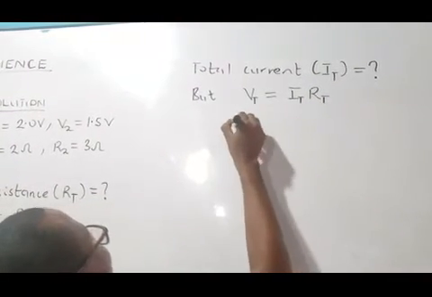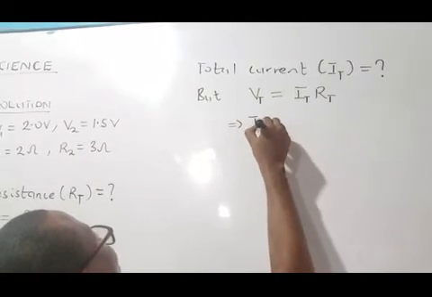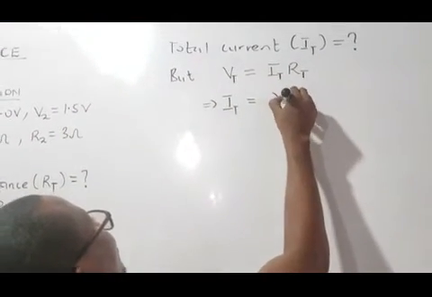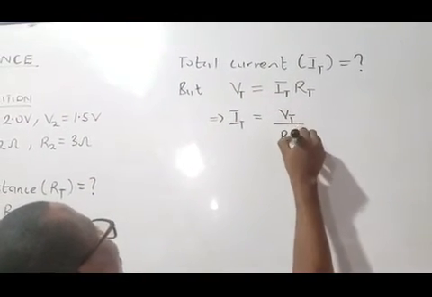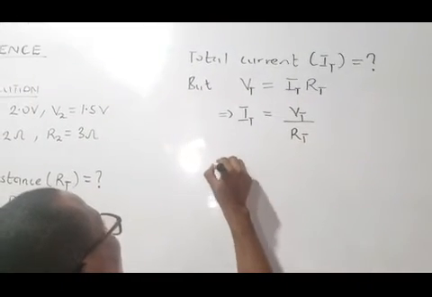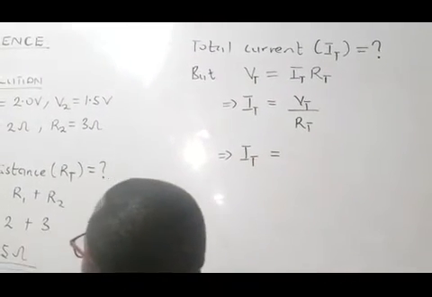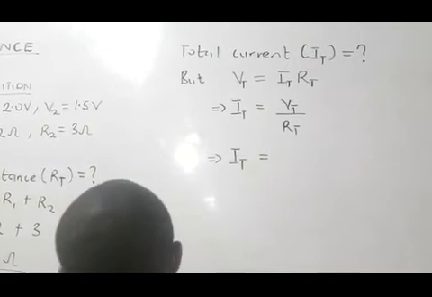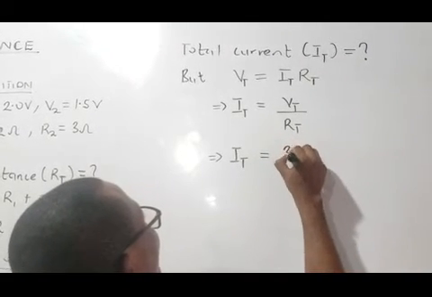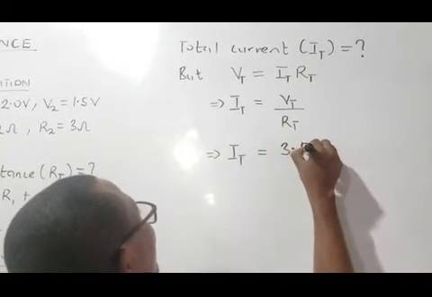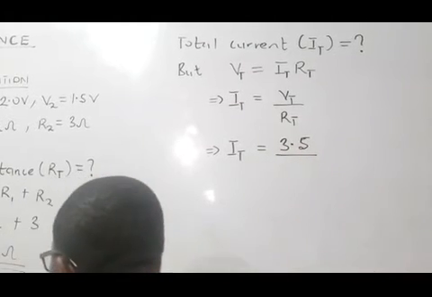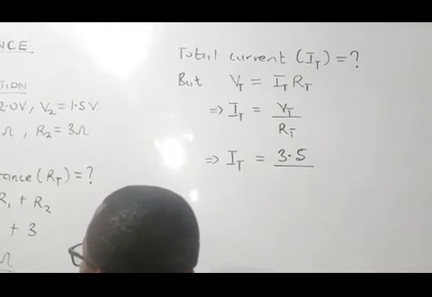If you make the total current the subject, IT becomes VT over RT. If we do the substitution, the total voltage is 3.5 and the total resistance is 5.